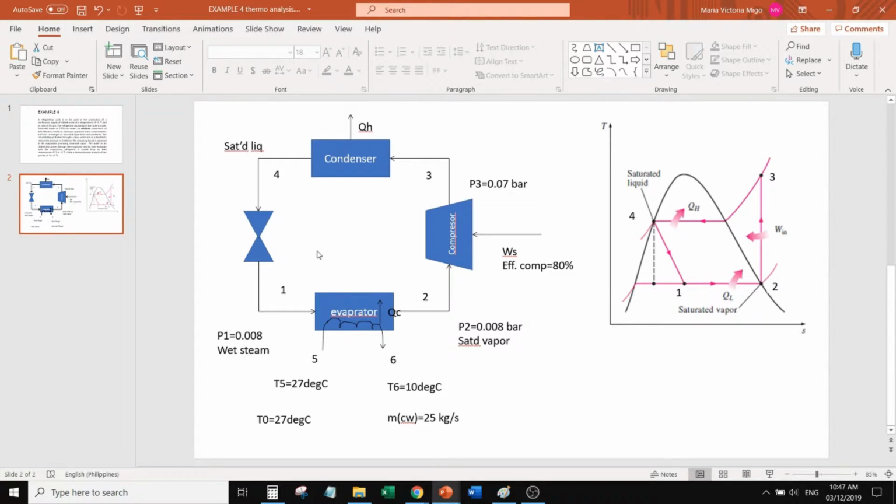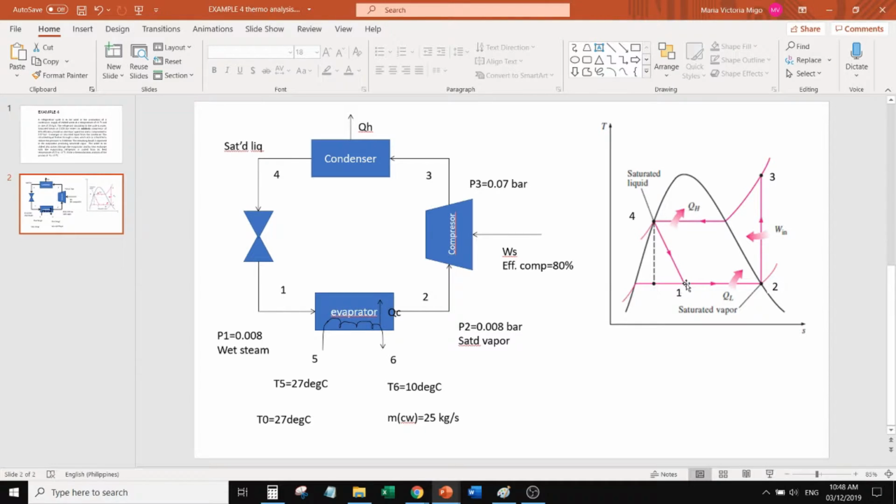After it exits the throttle valve, it becomes wet steam, a wet steam at this pressure. So this is the evaporator. If you will remember, it is where QC is absorbed. In the condenser, it's where QH is released.